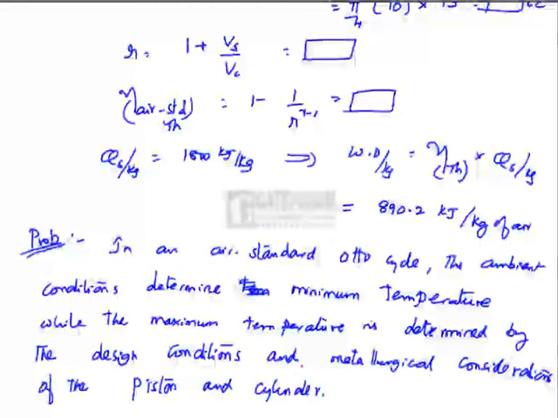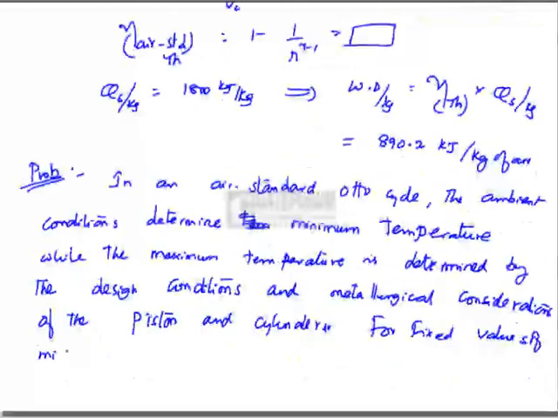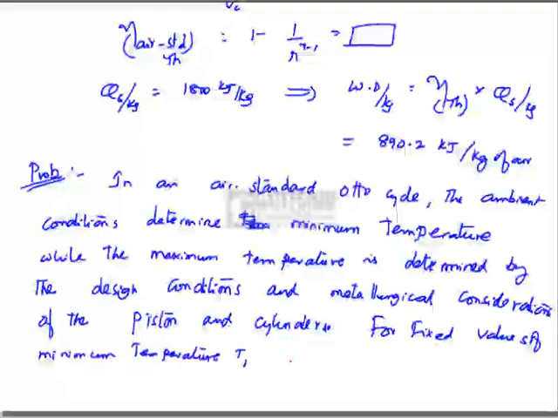Because the piston and cylinder material should withstand the peak temperatures, that is the maximum temperatures of the cycle as decided by the design conditions. So for fixed values of minimum temperature T1 and maximum temperature T3, they are fixed by the ambient and metallurgical conditions.